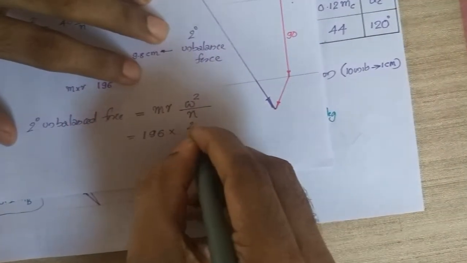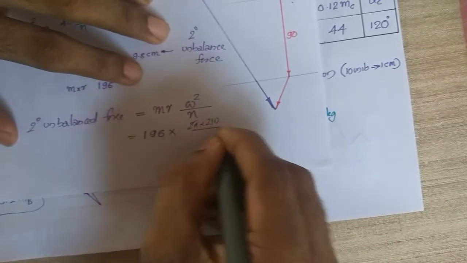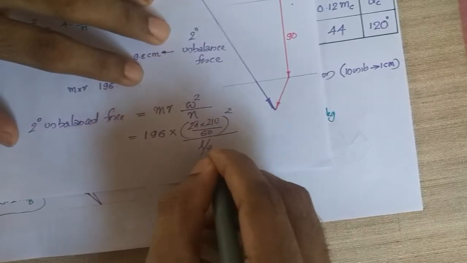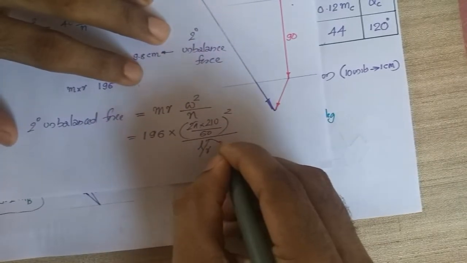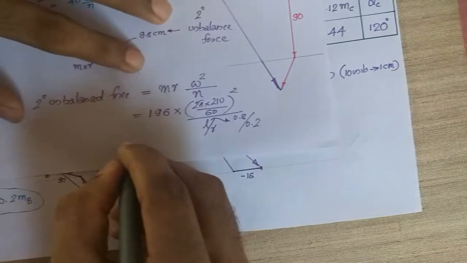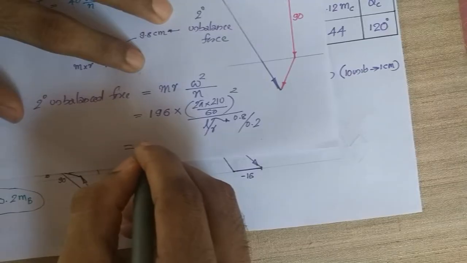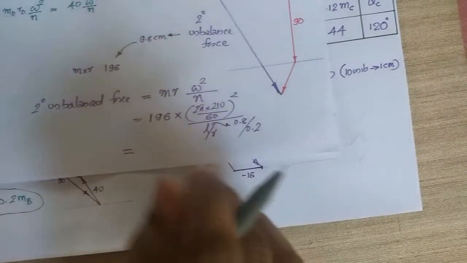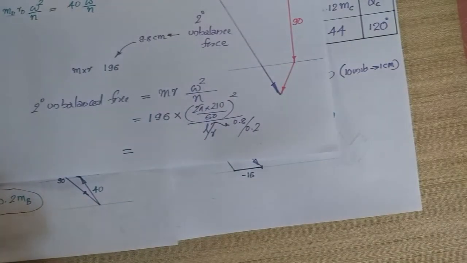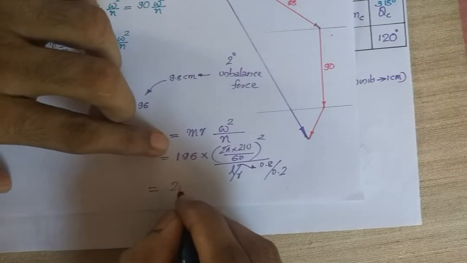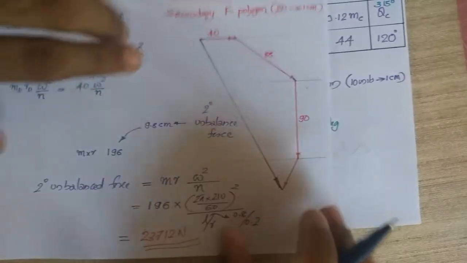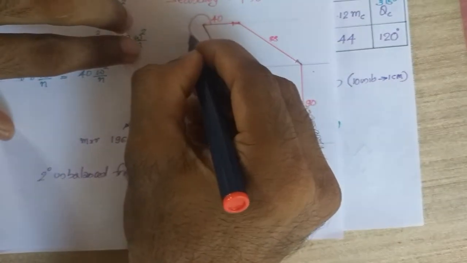So it is 2 pi into 210 divided by 60, the whole square, divided by N. N is L by R. L is 800 mm or 0.8 meter, and R is 0.2 meter for all the cranks. So if you are solving, finally you will be getting the secondary unbalanced force around 23,712 Newton, and the orientation of the secondary unbalanced force you can obtain from this direction.